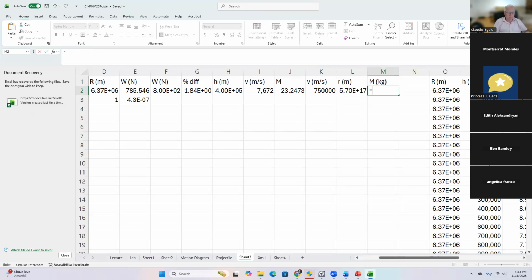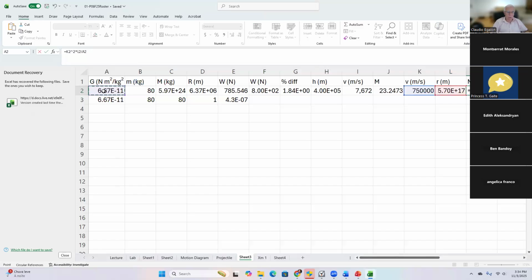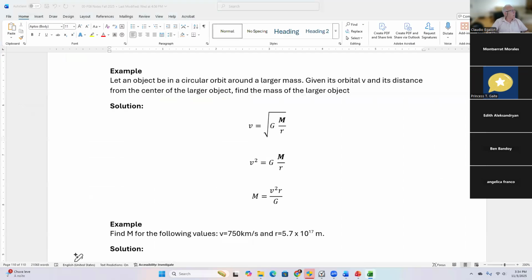And we write down the equation for the mass, v squared times r, the distance r, divided by big G, which is already documented right here. I'm getting 4.8 times 10 to the 39 kilograms. Okay, mass.